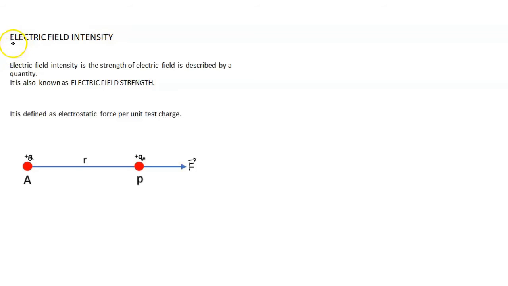The next topic in this chapter is electric field intensity. We are much aware of the term intensity. We have heard this term in our day-to-day life, usually as intensity of current, etc. What exactly does the term intensity indicate? It is the state of being intense, or it basically indicates strength.